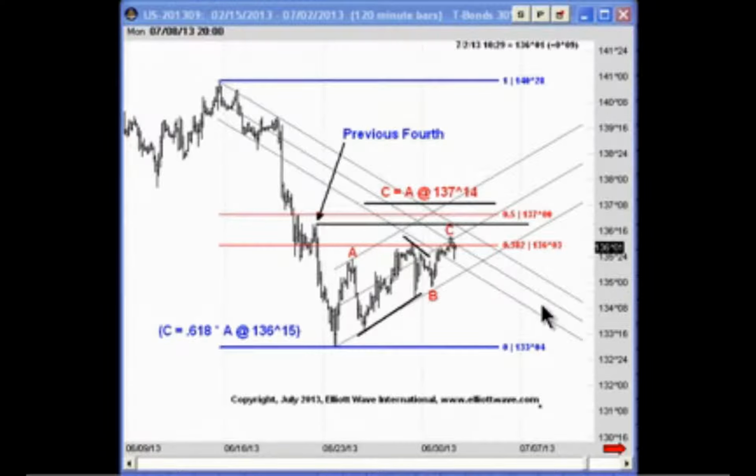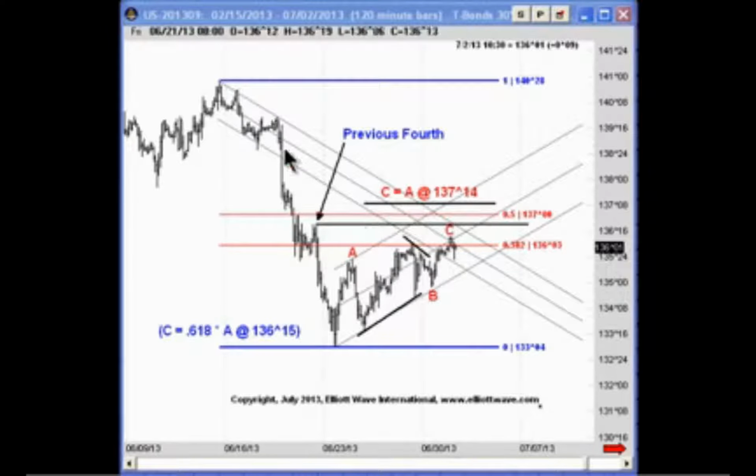Now let's begin with the standard Fibonacci retracements. As R.N. Elliott wrote in Nature's Law, the Fibonacci sequence is the mathematical basis of the wave principle. For example, when it comes to second waves and fourth waves, the most common Fibonacci retracement for a second wave is a 618 multiple of wave 1. The most common Fibonacci retracement for a fourth wave is a 382 multiple of wave 3.